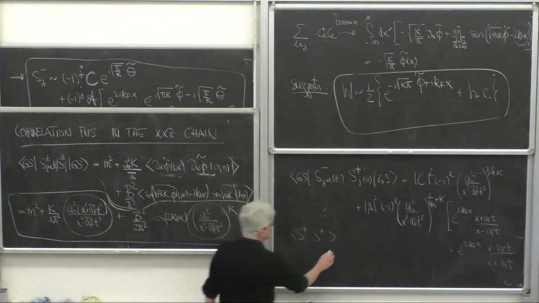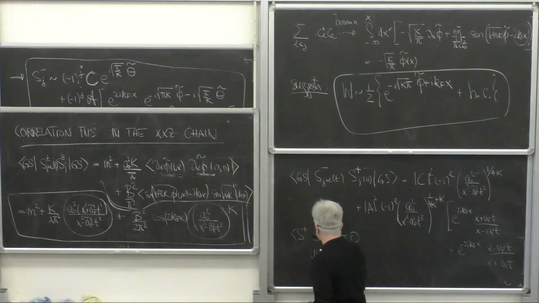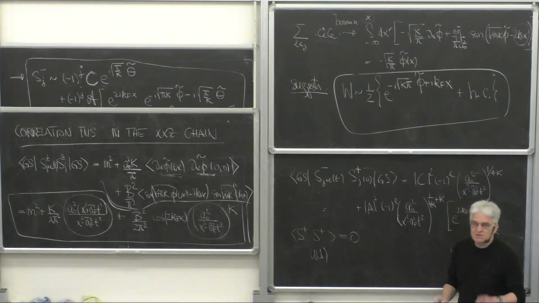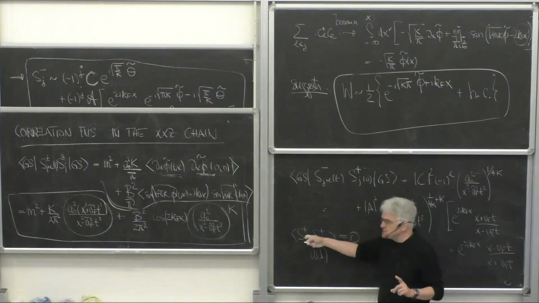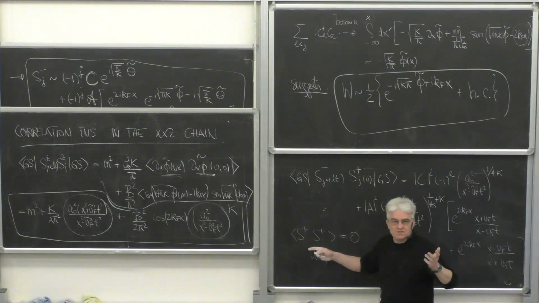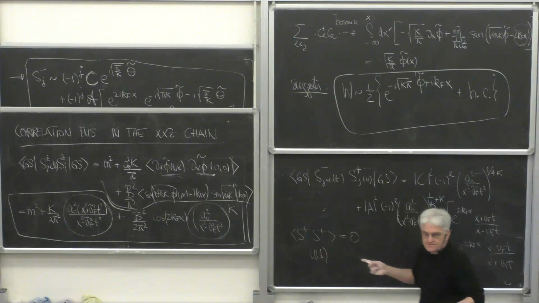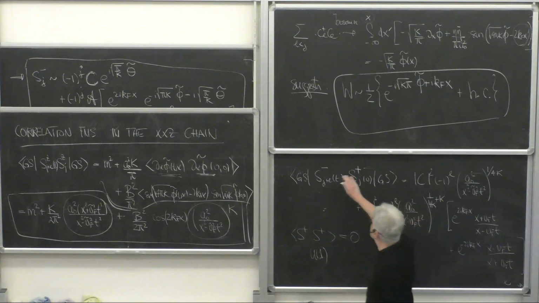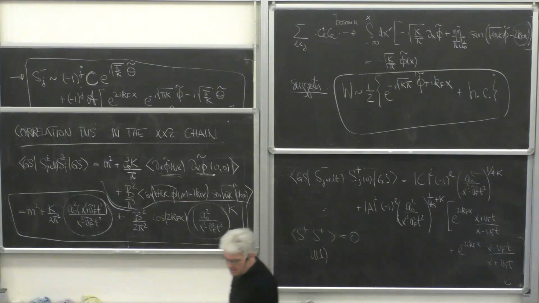Yeah, okay. So in other words, this is 0 because of particle number conservation or by U1 symmetry. So we had spin rotational invariance around the z-axis. If I rotate around the z-axis by some angle, then S plus picks up a phase factor. Therefore this correlation function under U1 transformations would not be invariant, so it has to be 0. Okay, so that's why these are the only ones I have to consider, the S minus, S plus, and the S plus, S minus is just the complex conjugate of this.